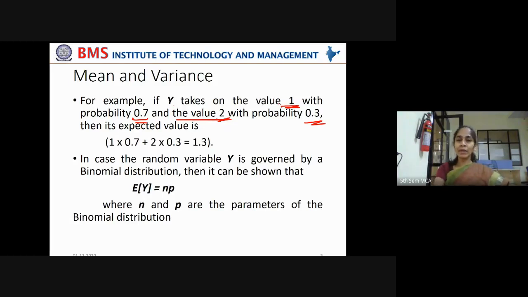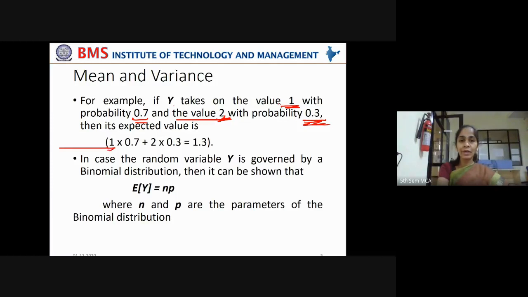Okay, so the probability associated with the value 1 is 0.7 and the probability associated with 2 is 0.3. Then its expected value, or the mean value, or the average value of y, how do you calculate? Sum of products of that value and the probability of the random variable taking up that value.